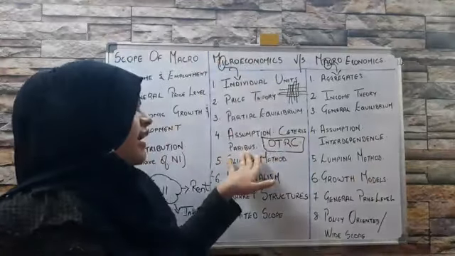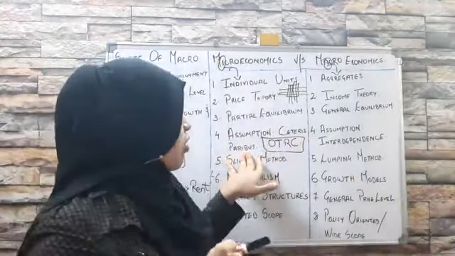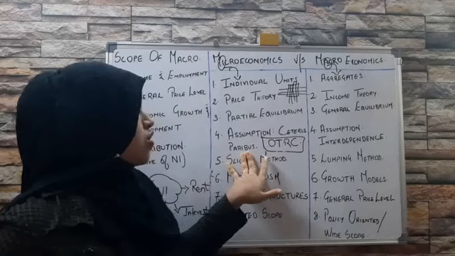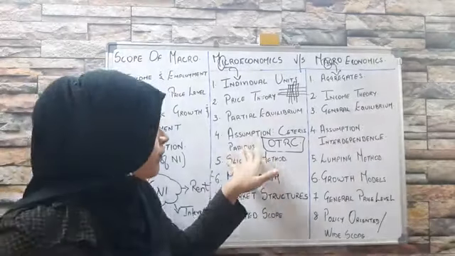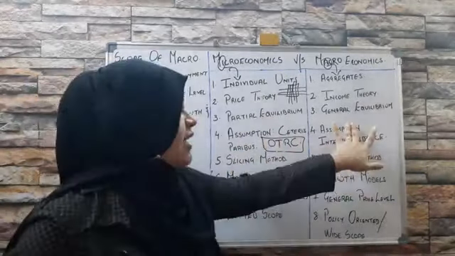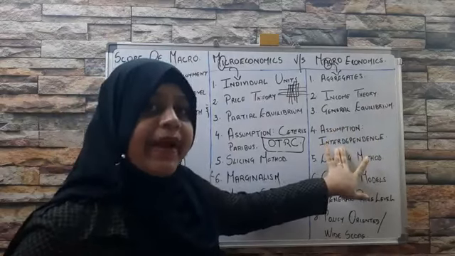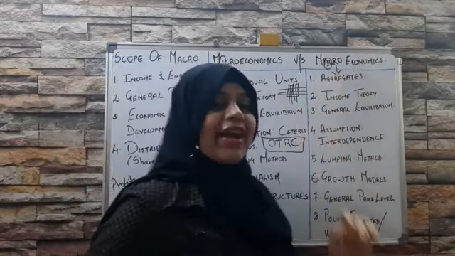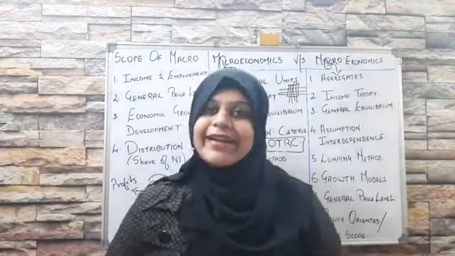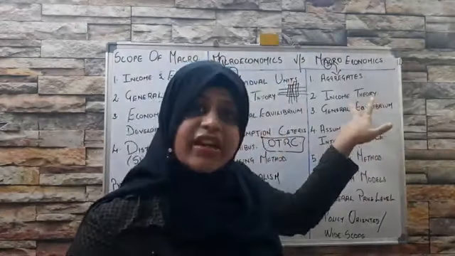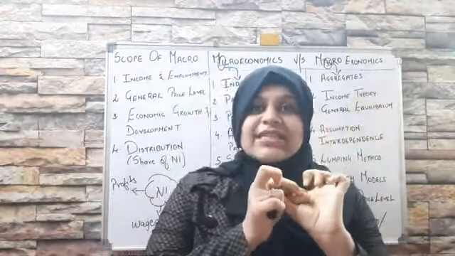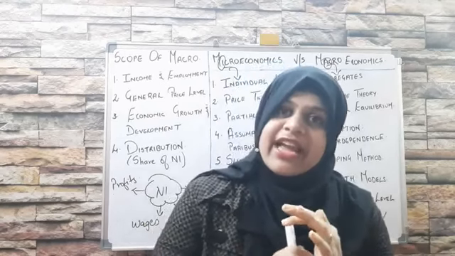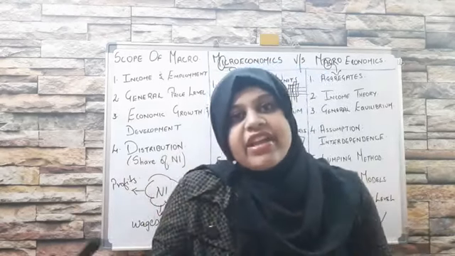That is why it is considered one of the important assumptions of microeconomics. Opposite of that assumption, the assumption of macroeconomics is interdependence. We discussed earlier, it is like a chain, everything depends on everything else.